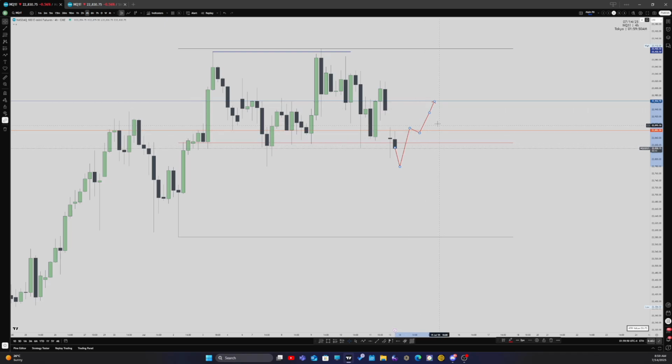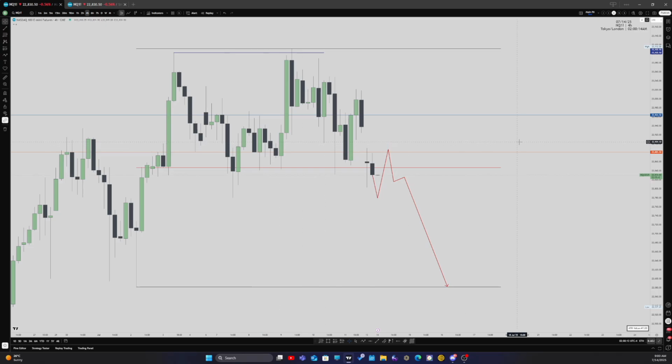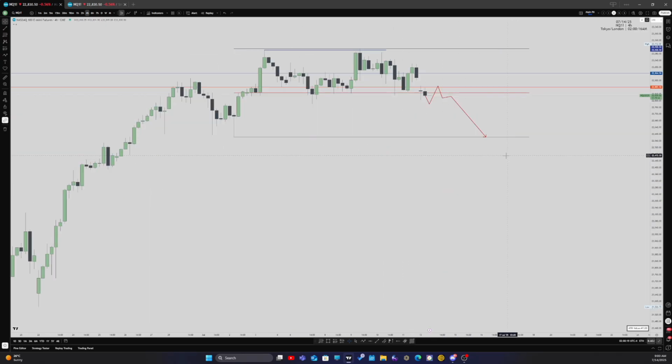If this level doesn't hold, then we see lower prices, we see lower prices into this. That's the outlook for today.